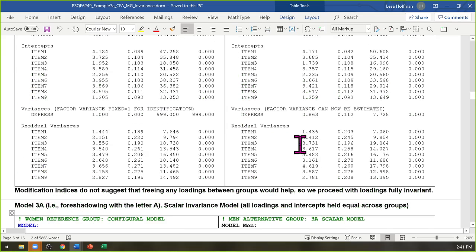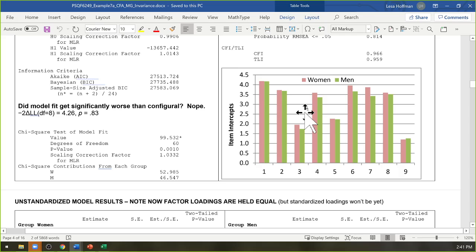So the purpose of me building a picture like this is to illustrate the idea of proportionality. If I look at these bars, in most cases, it looks like women are a little bit higher. Women have a higher mean response to most of these items, except for it looks like item 9.